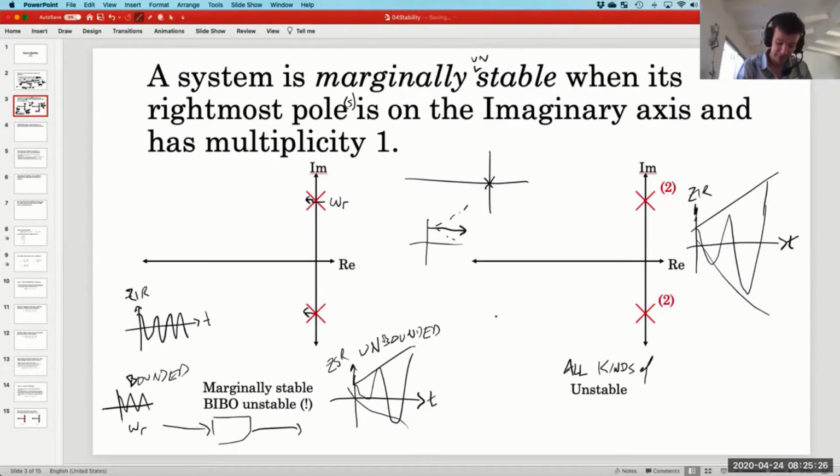However, if we increase the multiplicity of that root at the origin, then what does the ZIR look like? Looks like that. So actually the same statement applies if your pole is at the origin. A single pole at the origin is fine, but anything more than a single pole at the origin is unstable. Does that answer your question? Yeah, it does. Thank you.